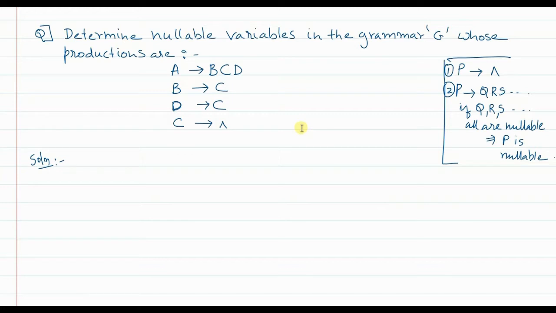Now looking at the first formula, you see C gives null. Consider C gives null, therefore C is nullable.